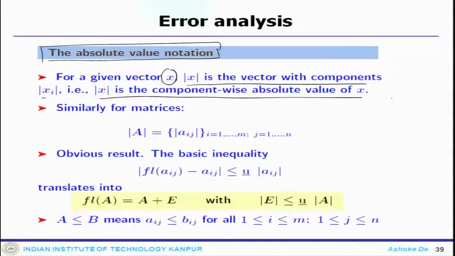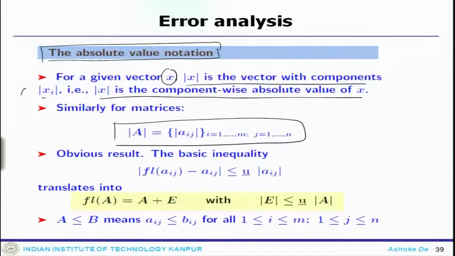If you look at the similar property of the matrices, mod of A is equivalent to mod of Aij. So, these are the two things, one is applicable for vector, the other is for matrix, and most of the time these properties are using the properties of vector.